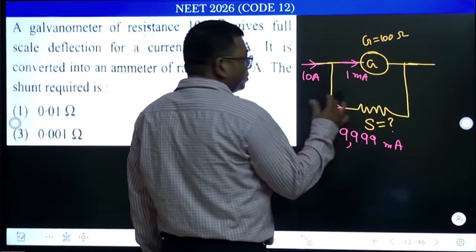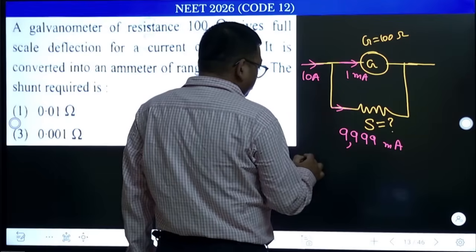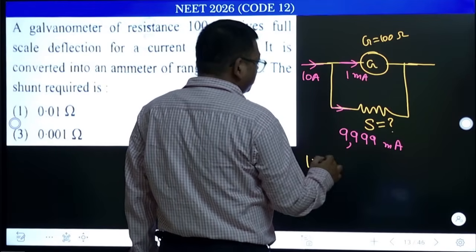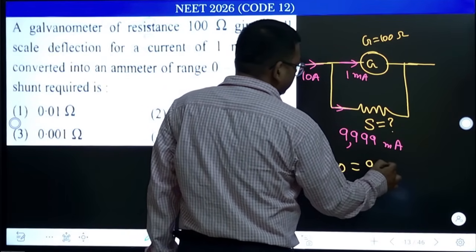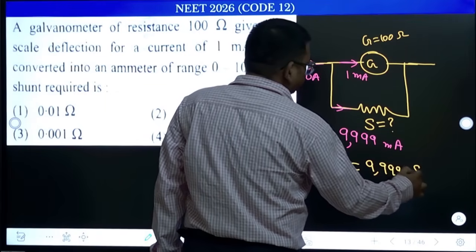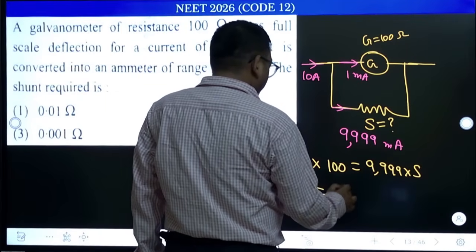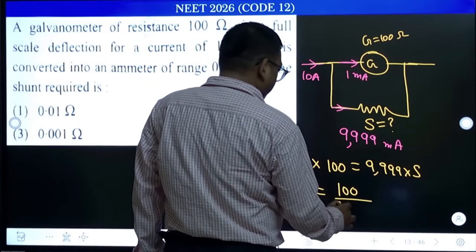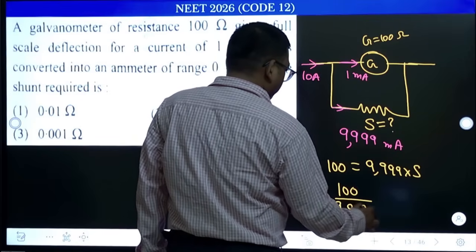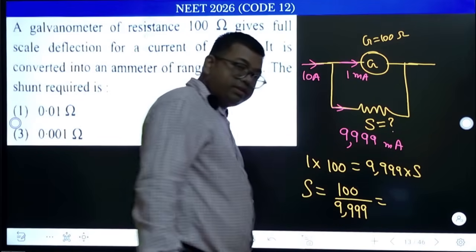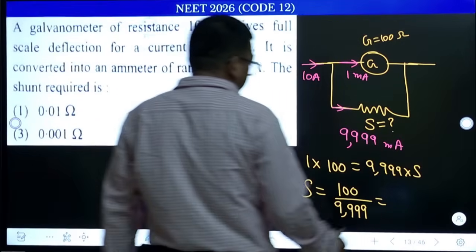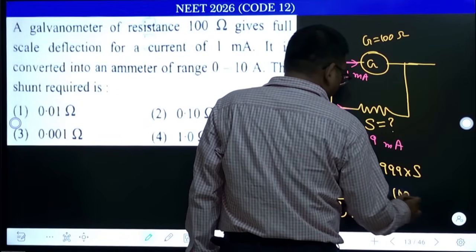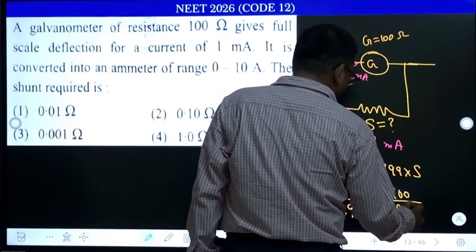You know that the voltage will be the same, IR. So 1 into 100 is equal to 9,999 into S. So S is going to be 100 divided by 9,999, which you can almost write as 10,000. So 100 divided by nearly 10,000.